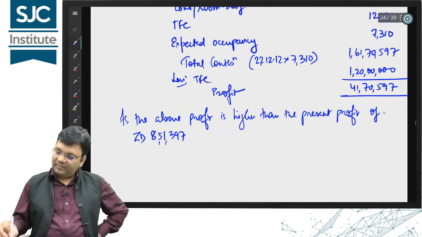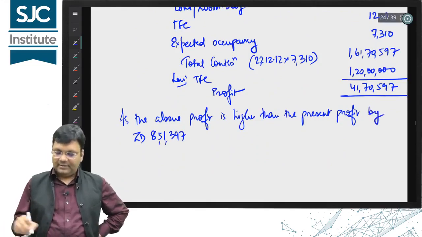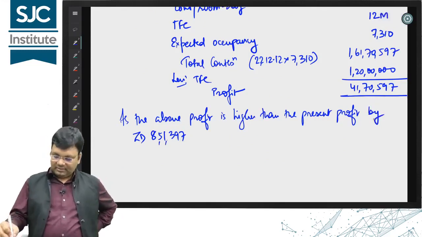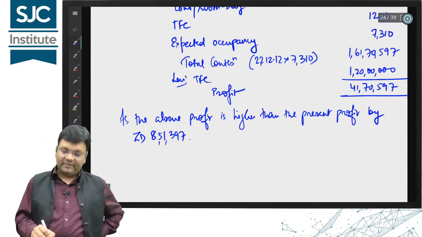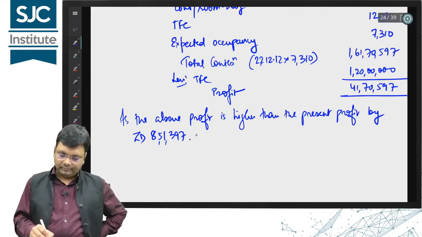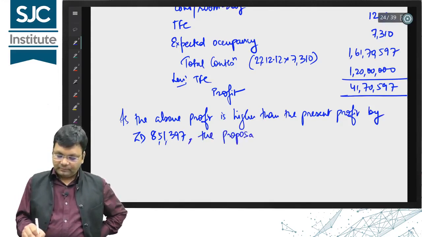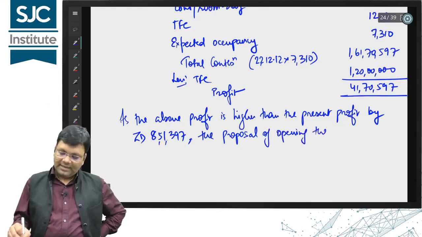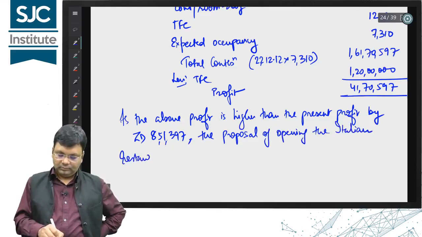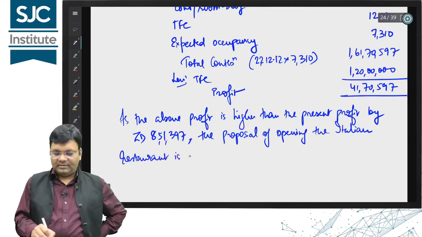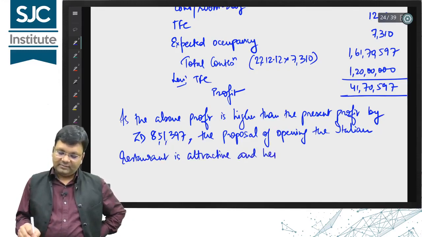It is higher than the present profit by ZD 851,397, so the proposal of opening the Italian restaurant is attractive and hence it must be implemented.